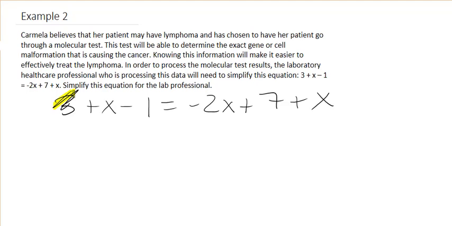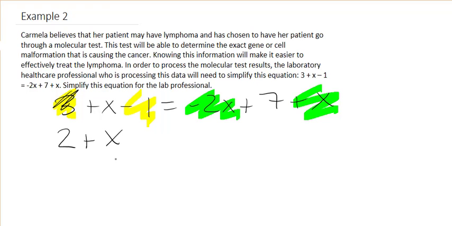This 3 and this 1 can be brought together to be simplified, and then the minus 2x and the x can be simplified. So 3 minus 1 on the left-hand side becomes 2 plus x. Now we have minus 2x plus x, so that will give us just negative x plus 7.